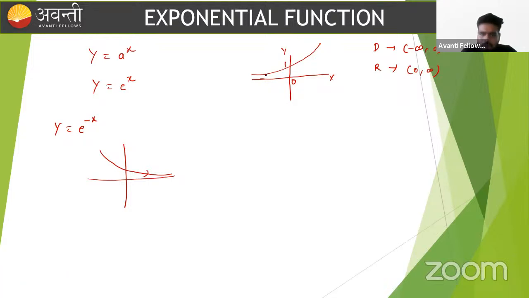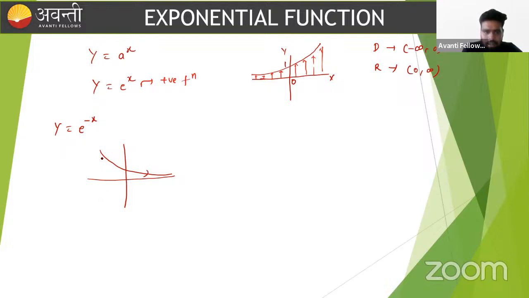If we see the graph, this is y. Our graph always lies above the x-axis. If our graph always lies above the x-axis, then we can say that our output, our y coordinate, is always positive. That is known as the positive function.